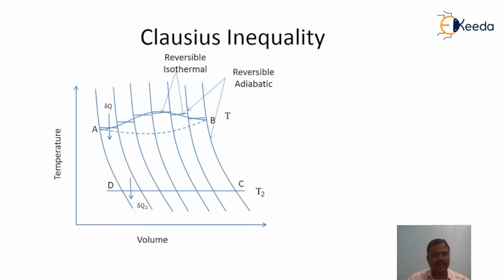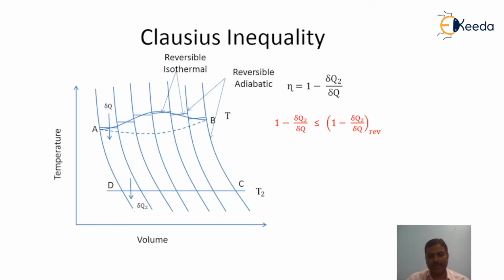efficiency of any cycle is given by 1 minus delta Q2 divided by delta Q. Efficiency of a general cycle or any cycle is always less than or equal to efficiency of a reversible cycle. So that can be obtained in this way, that is 1 minus delta Q2 divided by delta Q is less than or equal to 1 minus delta Q2 divided by delta Q of a reversible cycle.